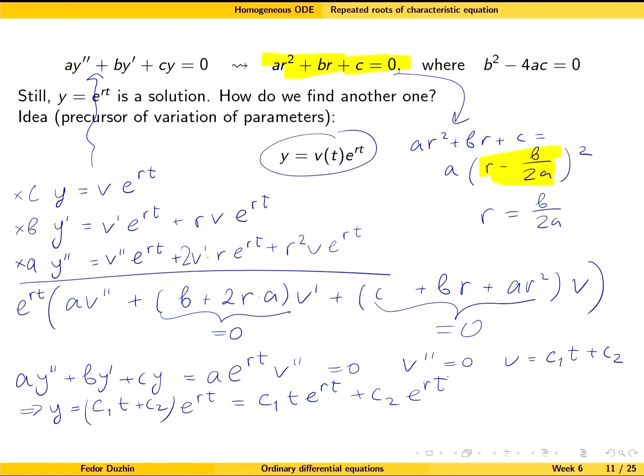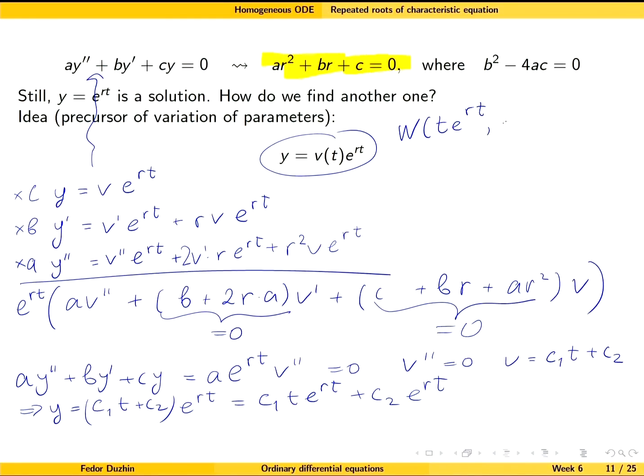Alright, is it all? Well, it seems like the general solution, but in order to make sure that it works out, we also need to verify that the Wronskian of these two functions is not 0. So let me find the Wronskian of these two solutions. The Wronskian of t e to the rt and e to the rt is the following determinant. The first row is just the functions, and the second row are their derivatives.